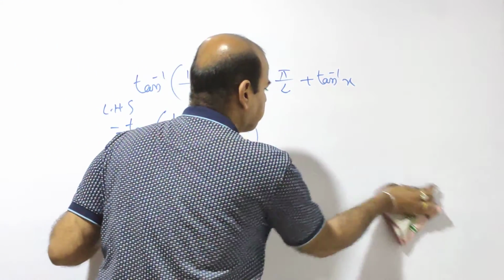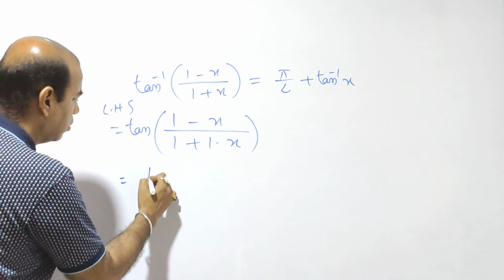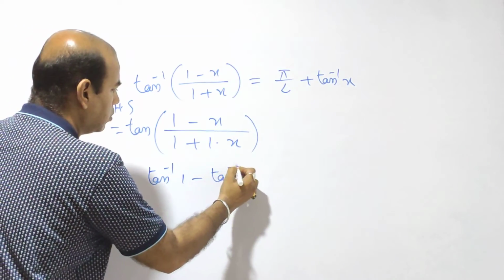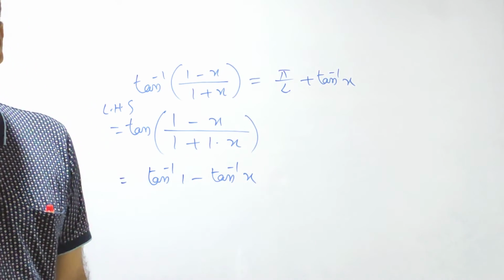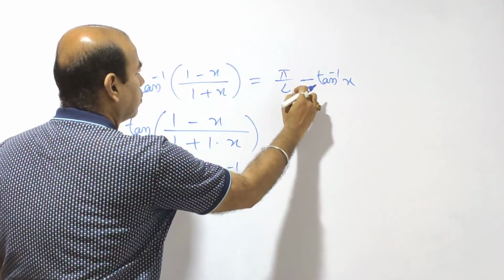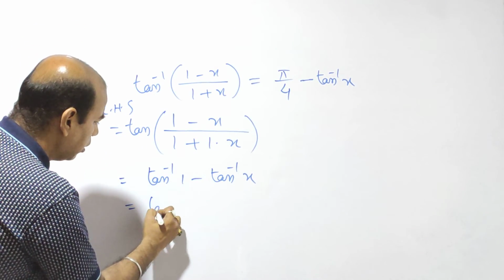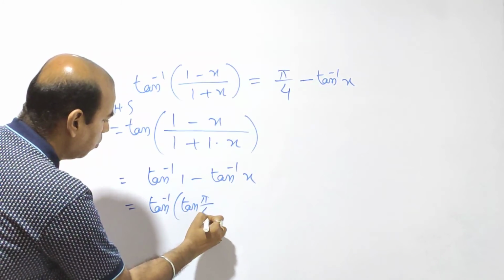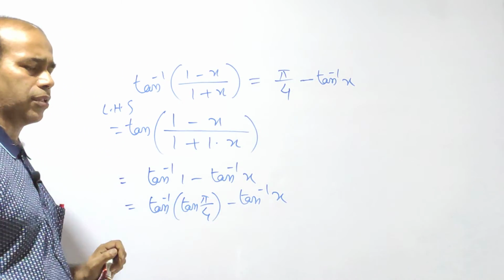Now you see, this is tan inverse 1 minus tan inverse x. I can write it directly, tan inverse 1 minus tan inverse x. That means I can write it as tan inverse of tan pi by 4 minus tan inverse x.